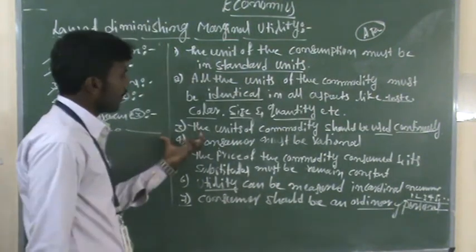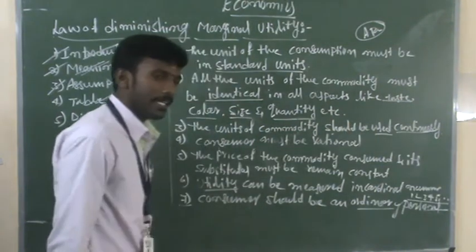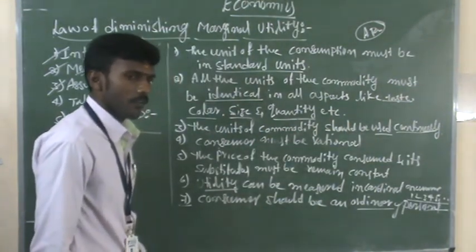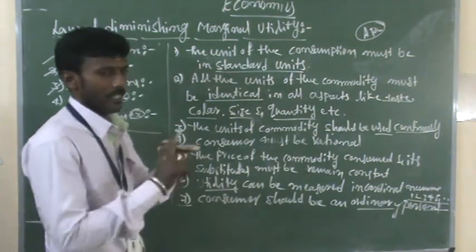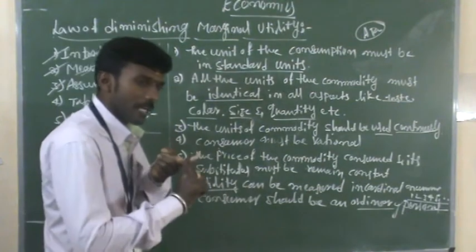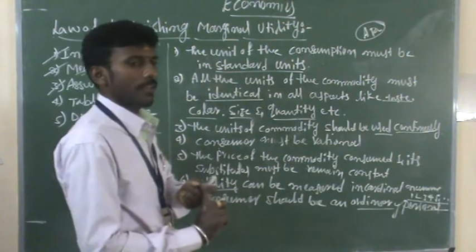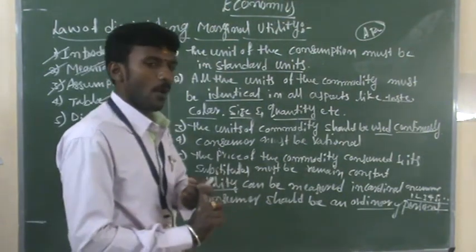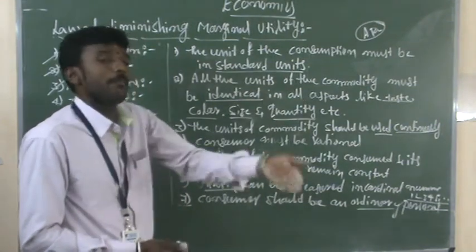Then comes the third one: the units of the commodity should be used continuously. It means we are not giving a time gap from one commodity consumption to another. Totally here the consumer consumes the commodities continuously, one after another, one by one.